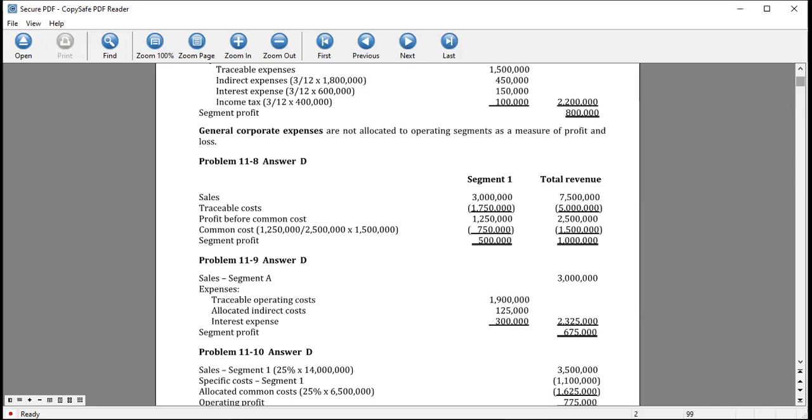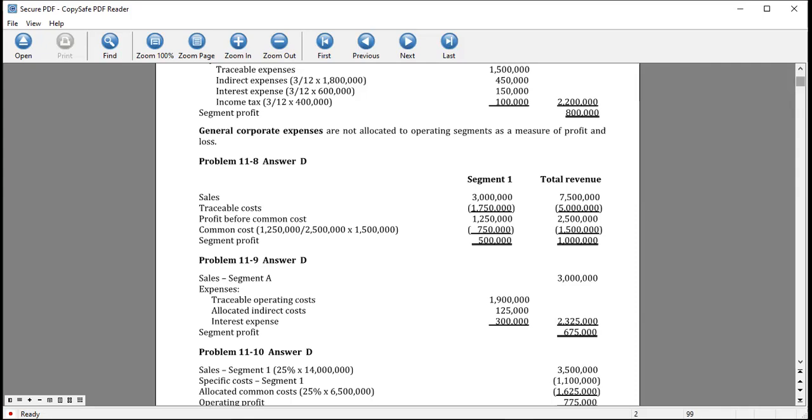Common cost is 1,250,000 divided by 2,500,000 for the total column and multiply it by 1.5 million. So finally, after leaving, we have now segment profit of 1 million.